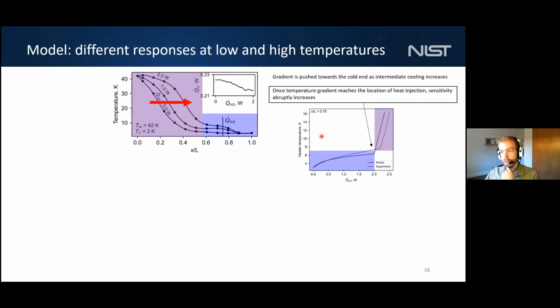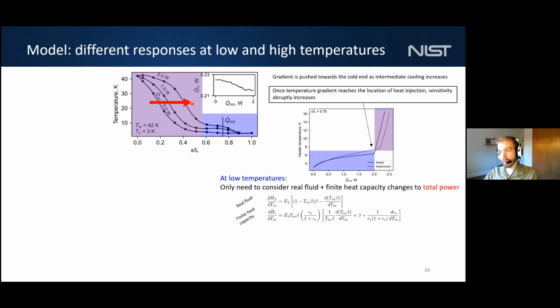And actually what happens is once this profile reaches the location of heat injection, that's when we get this sharp change in sensitivity for heater temperature. So there's this blue portion of the curve where the gradient is not near the heat injection location. And then once this curve sharply transitions, that's when the profile is near the heat injection location.